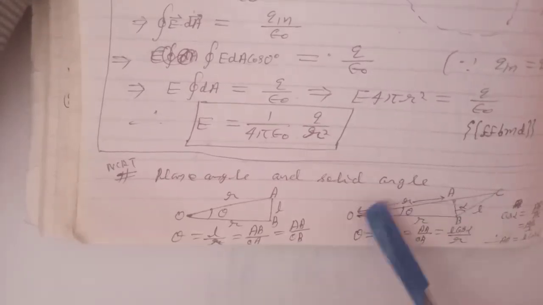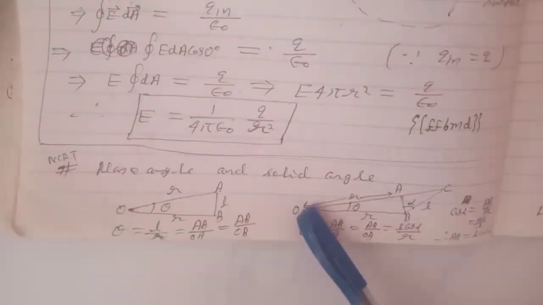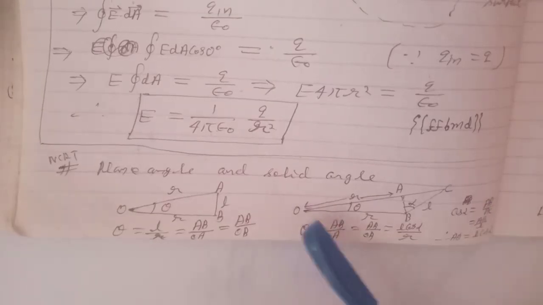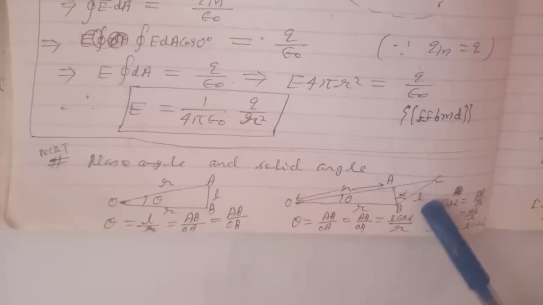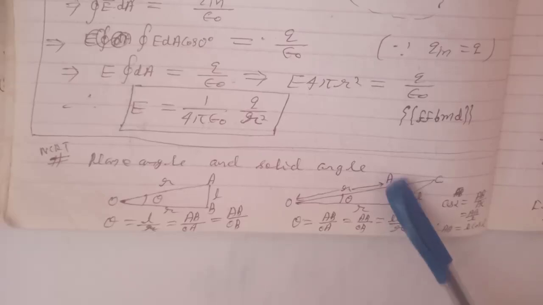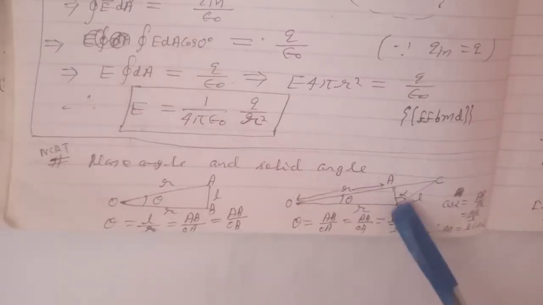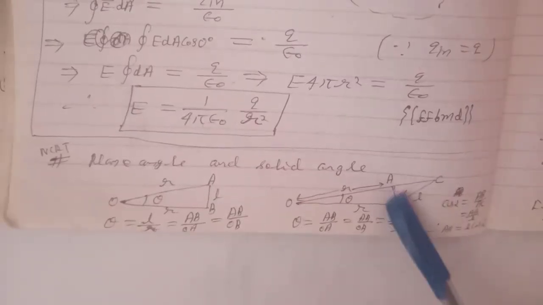Again, if we have a figure like OACBO, then again we can calculate the angle, and theta is very small, so we take this length, draw a perpendicular on OC, and it is AB.